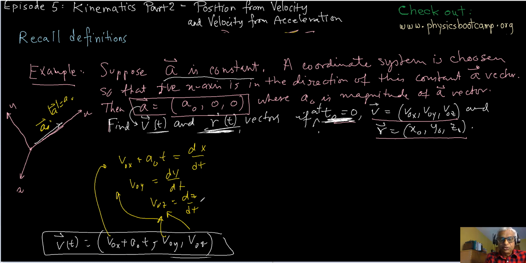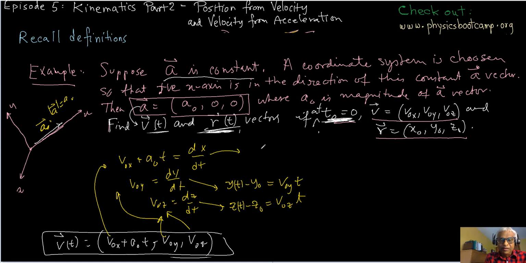Now this is constant, so z at whatever time t minus z0 is going to be v0z t when I integrate this out. When I integrate this one out, it is going to be y at t minus y0 equals v0y t.